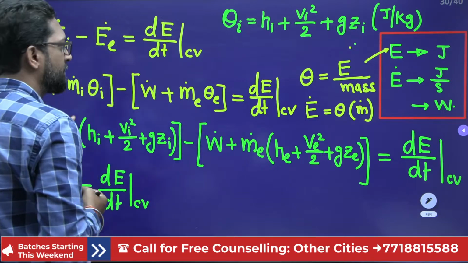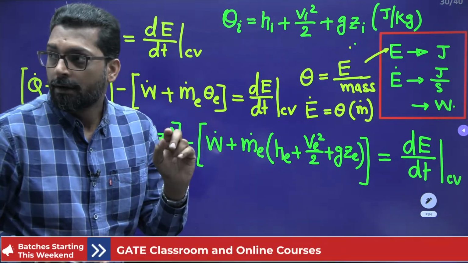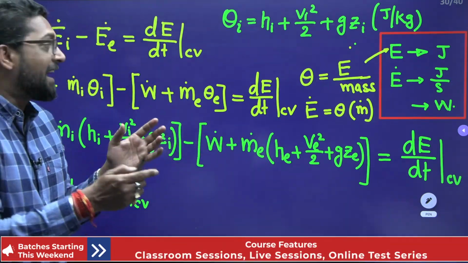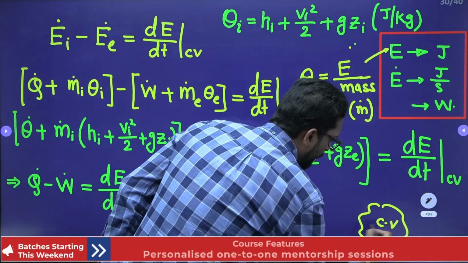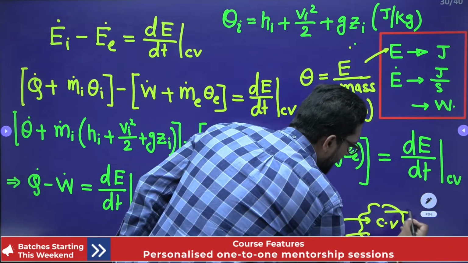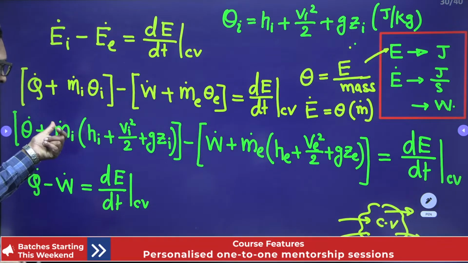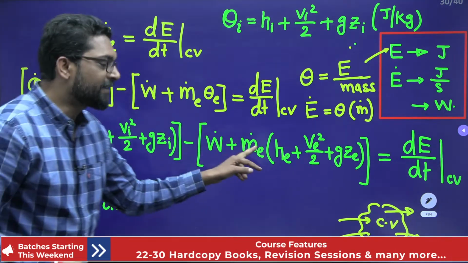And if there are many inlets and many exits, that means there is one inlet and one exit, but there may be a chance that there is a control volume of many inlets, many exits. It may be. So instead of m_i, there is a summation of m inlet, a summation of m exit.